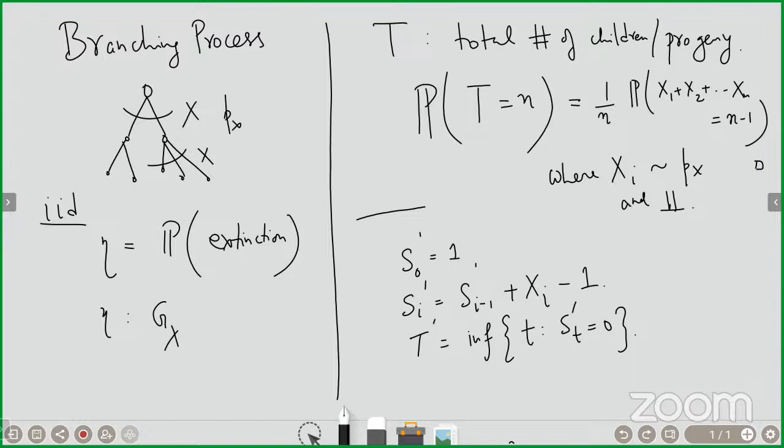Should there be a factor of 1 by n? So the sum of the x's is not t. That's not by definition. It's what we want to show.